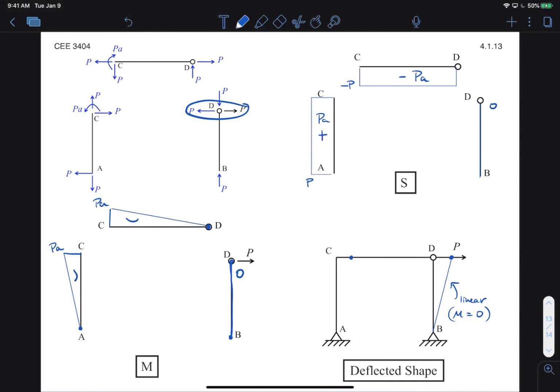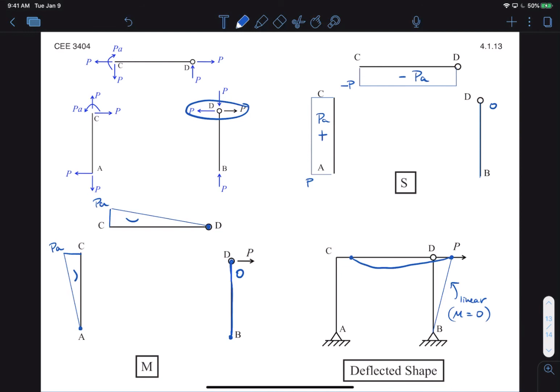I know my curvature from C to D must be positive, smiling up, so I draw something roughly like that. If I want it to be as correct as possible, I can make my curvature slightly larger on the side of C, simply because the moment is larger on that side, but that's not critical.